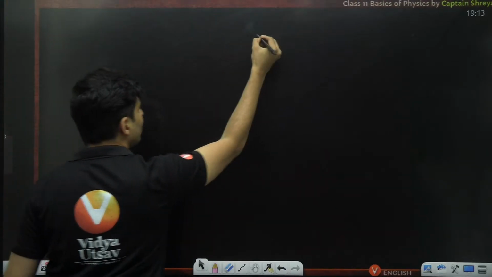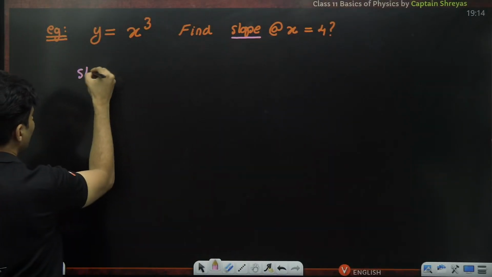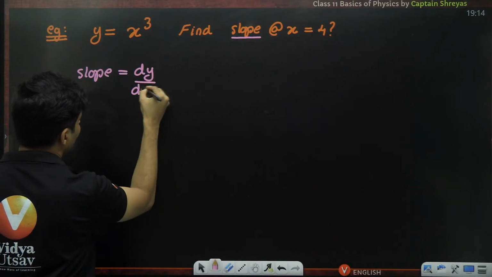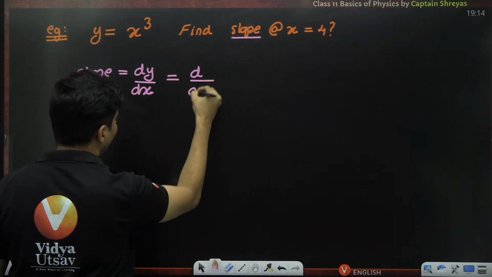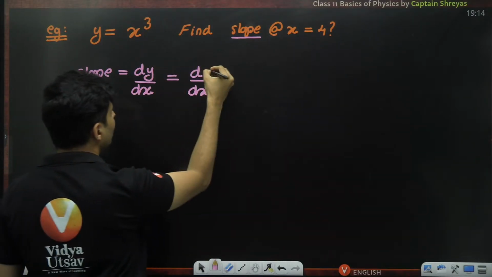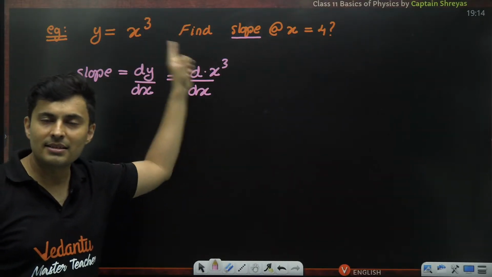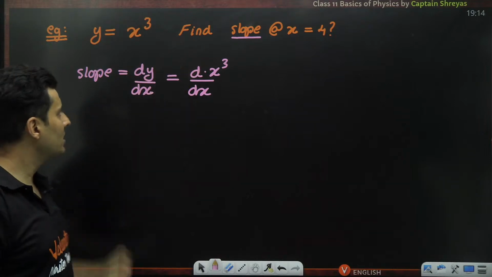Because the word slope is used, slope means what? Instantaneous slope means what? dy by dx. But wait a minute. What is y over here? Y over here is itself x raised to 3. So that was my function.